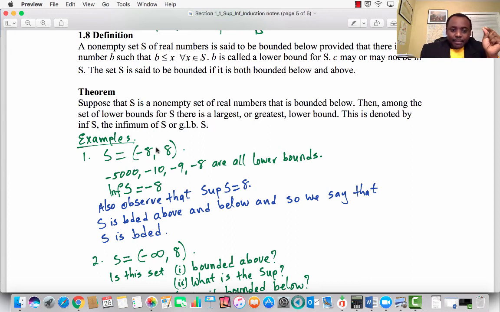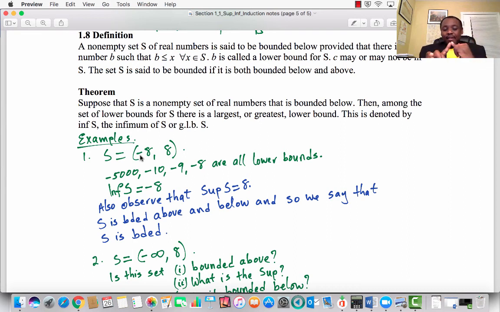So for this set in particular, the greatest lower bound or the inf of S or the infimum of S is -8. You can see that this set has no minimum element. The minimum element would be the smallest number in the set.